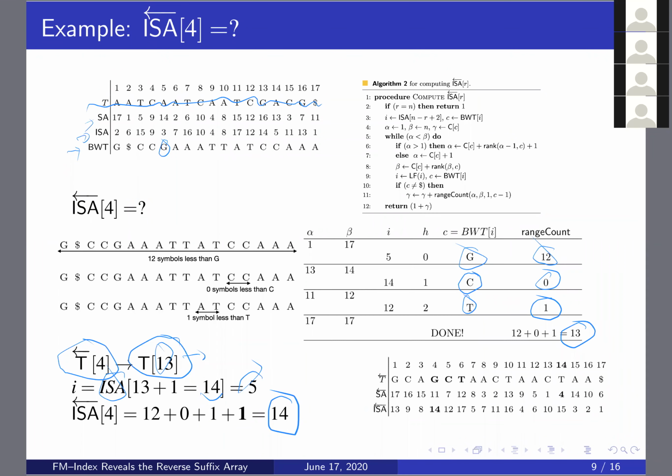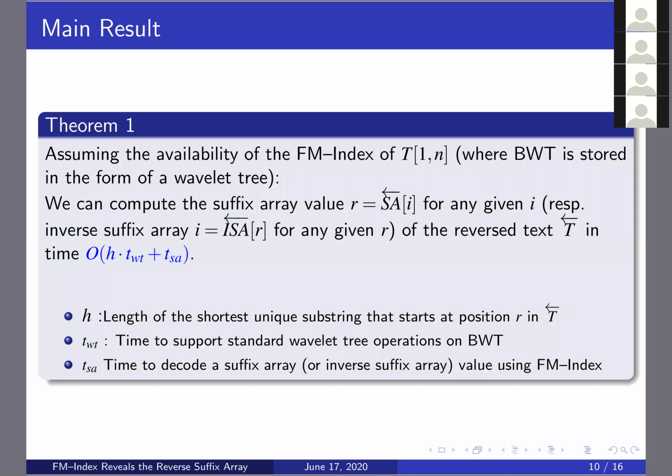Okay, but notice that we are always passing through all the shortest unique substring path. Anyway, these are the main methods we provide. So what is the complexity? As you already noticed, first of all, we need to repeat everything H times, where H is the length of the corresponding shortest unique substring.